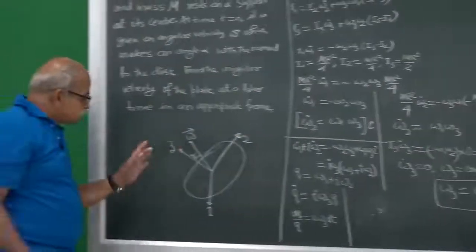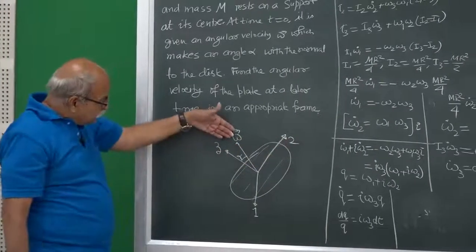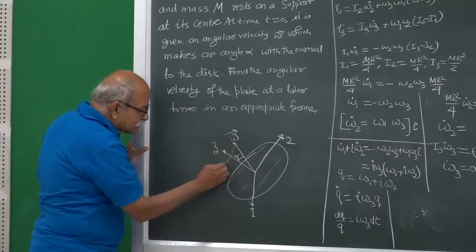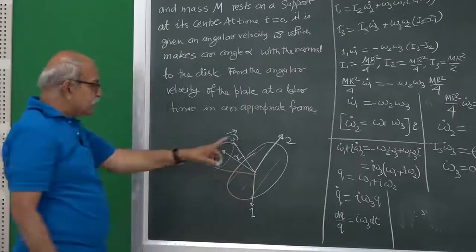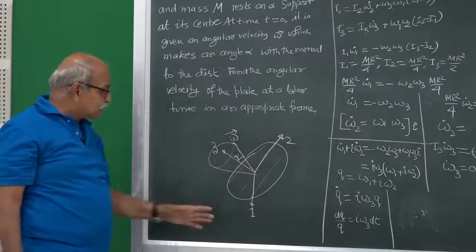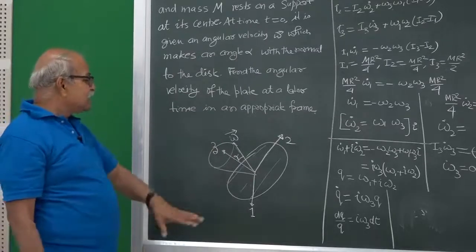So, if I look at it in this principal axis frame, this omega is rotating, it is going in a cone. The tip of this omega vector is going in a cone, because in our frame we consider 1, 2, 3 as the axes, and the entire motion is described in that frame.